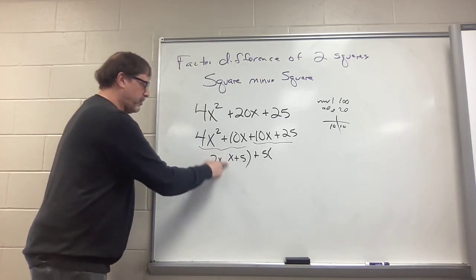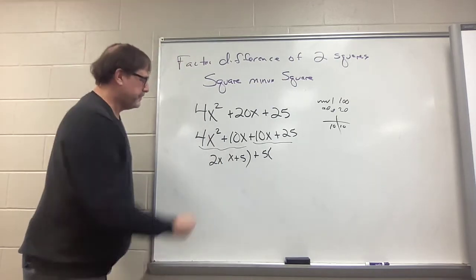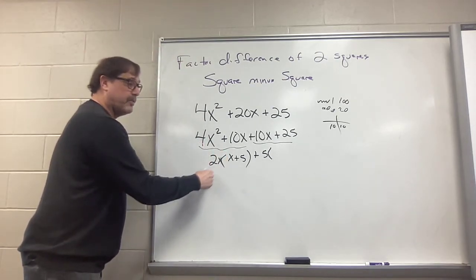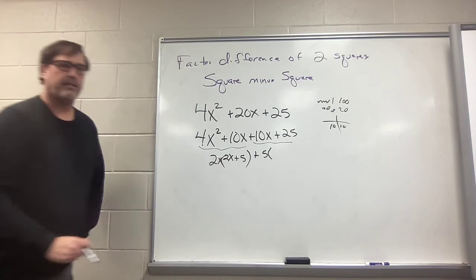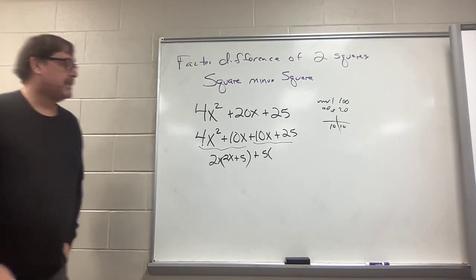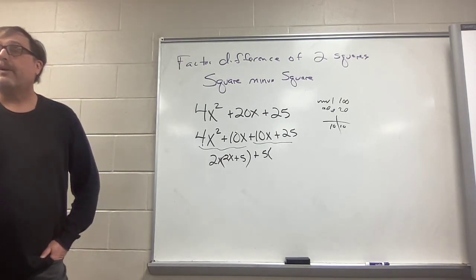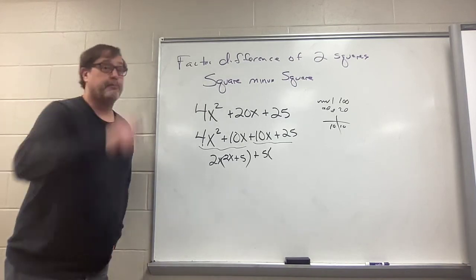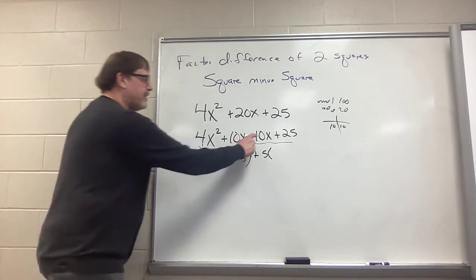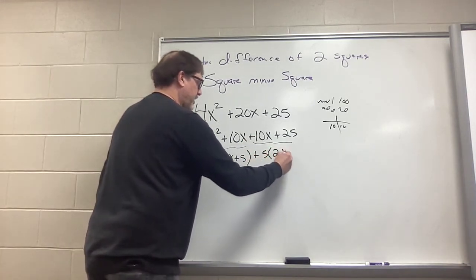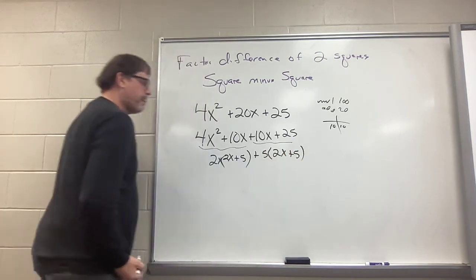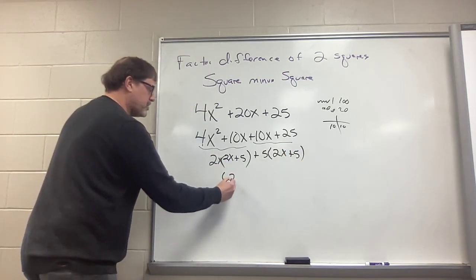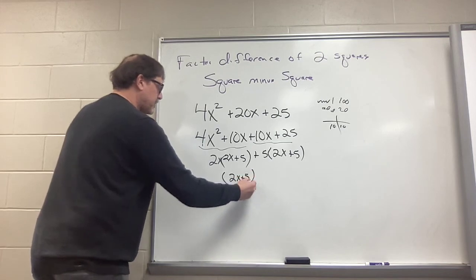Say, I noticed you did something wrong, Mr. Oven. 4 divided by 2 is, that should be a 2x plus 5. Sorry about that. Those of you new, don't worry, there will be mistakes made. Right, Ari? Yeah, there'll be mistakes. 10 divided by 5 is 2, the x stayed in there. Cool. And in fact, this becomes 2x plus 5.